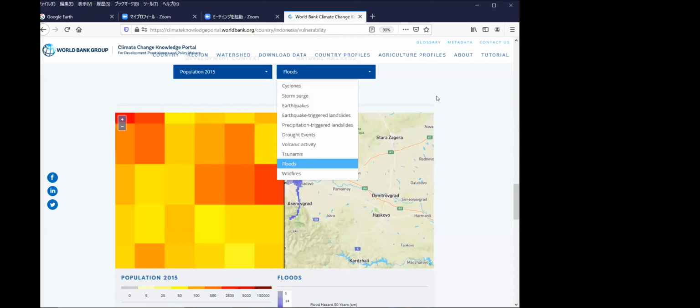So there's no man-made disaster in the list of the World Bank database. So sorry, I don't have any information about man-made disasters. But later, I will check some information on other websites. Thank you very much.